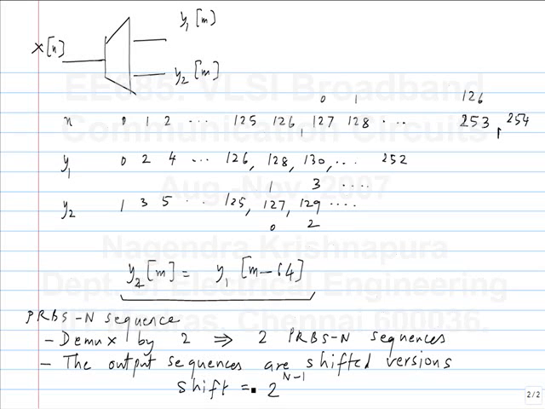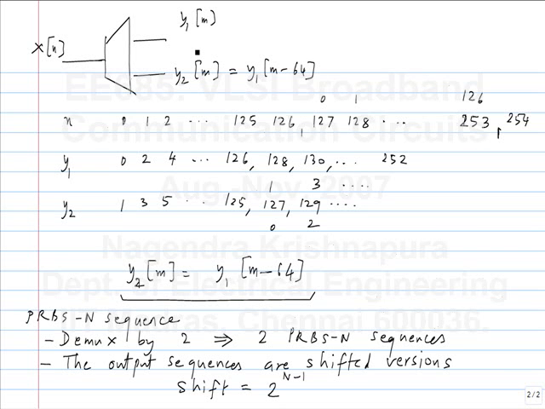So if I have, let's say, PRBS 7, then I take the shifted version of it, I shift it by 64 bits, and I multiplex the two, I will get a pseudo-random sequence. That's the inverse of this. If I have y1 of m and y2 of m equal to y1 of m minus 64, I multiplex the two, I would get the pseudo-random sequence. So that's one possible way of making high-speed pseudo-random generators using low-speed generators. It may become difficult to do it at very high speeds because, especially with a longer pseudo-random length, maybe you have a large number of flip-flops and you have to close the feedback around those flip-flops at a high speed.